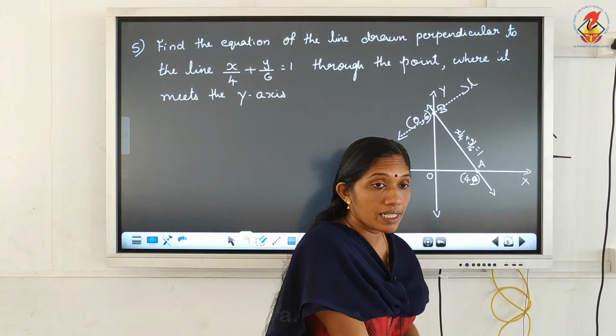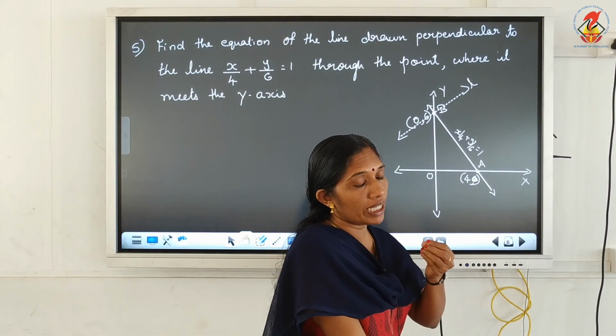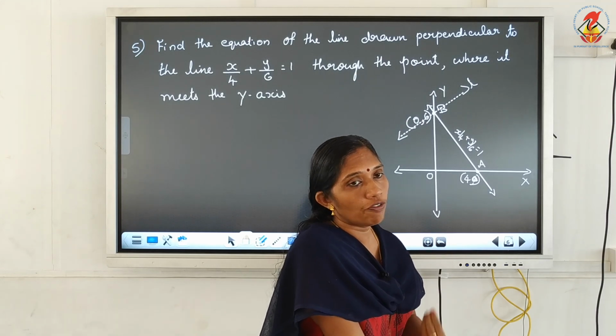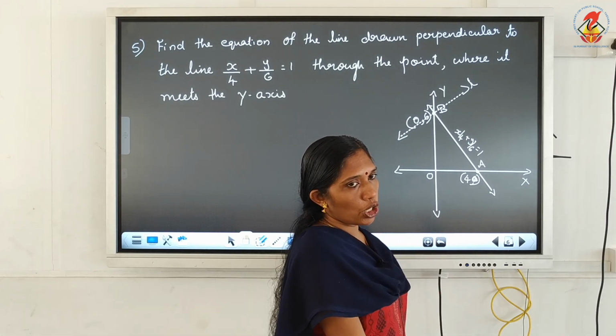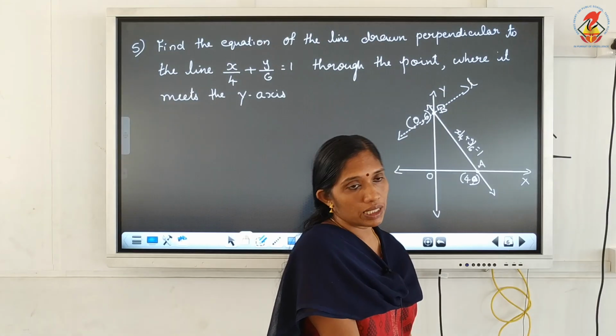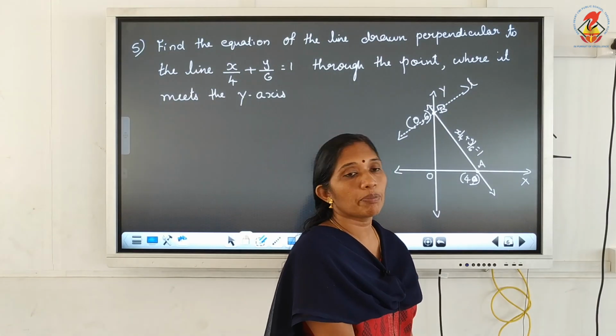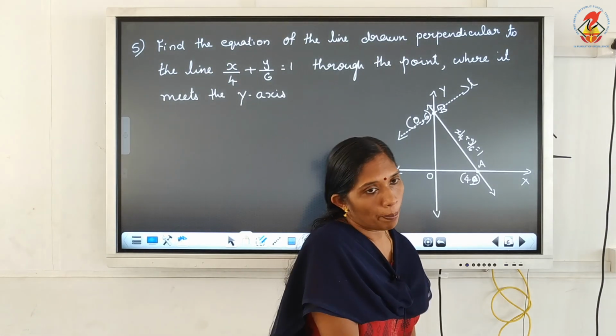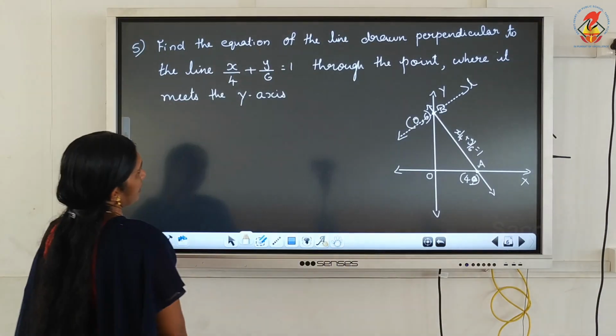We need what else? We need the slope also, then we can apply the point slope form. How do we get the slope? The line L and the line AB are perpendicular. If two lines are perpendicular, the product of their slopes is equal to minus 1. So we can apply that result.